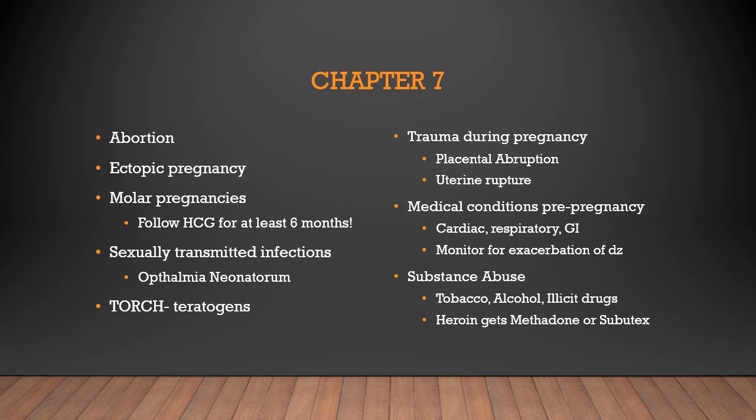Heroin use during pregnancy is linked to, unfortunately, lots of problems. Withdrawal, meconium aspiration, sepsis, intrauterine growth restriction, and neurodevelopmental and behavioral problems. Remember to use Subutex or methadone, not Suboxone, and not Narcan.